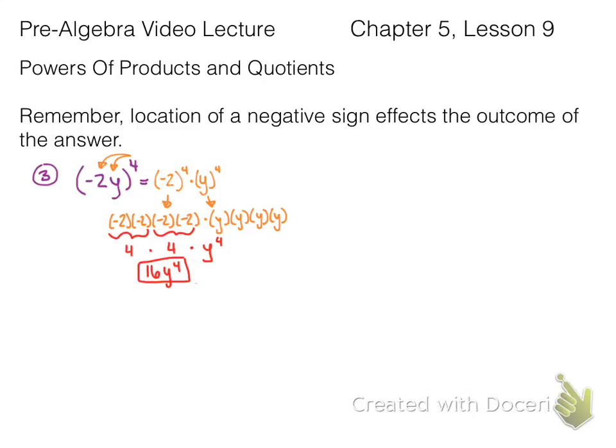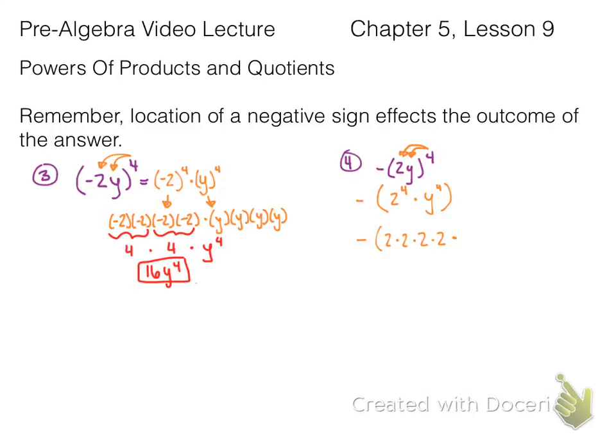Now here's the difference between problem number 3 and problem number 4. Number 4 has the negative sign outside of the parentheses. So it's still going to be 2 to the fourth and y to the fourth, but the negative stays outside and is not affected by the exponent. It's very important that you keep track of that, because if you were to somehow get that negative into the parentheses like it was for number 3, you actually will get a completely different answer.